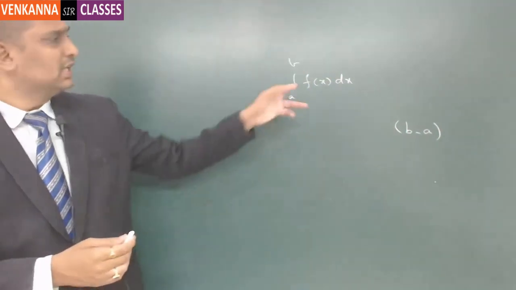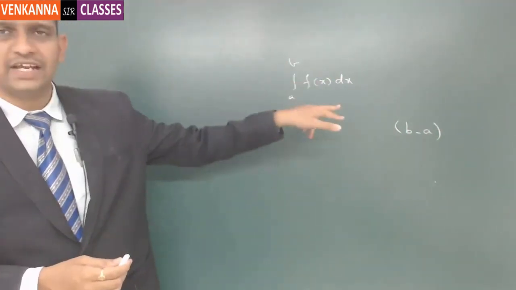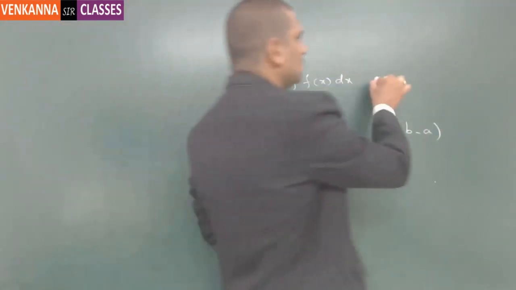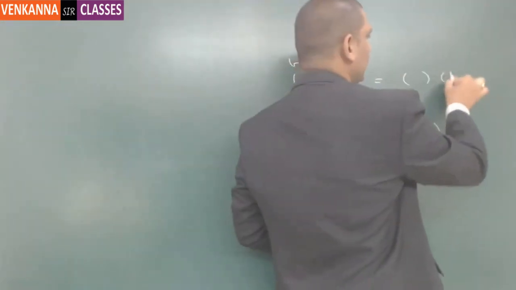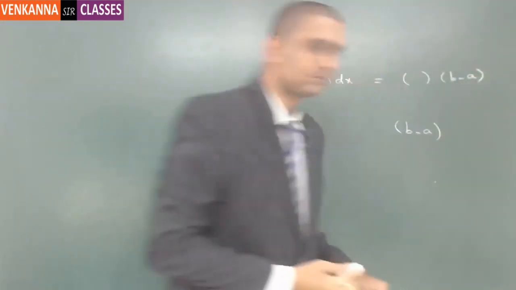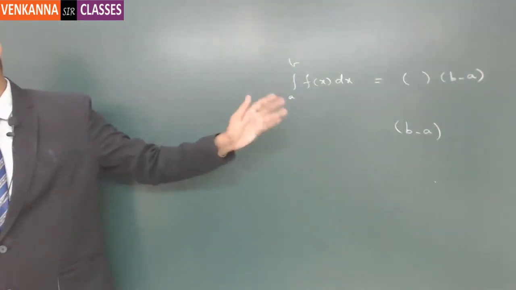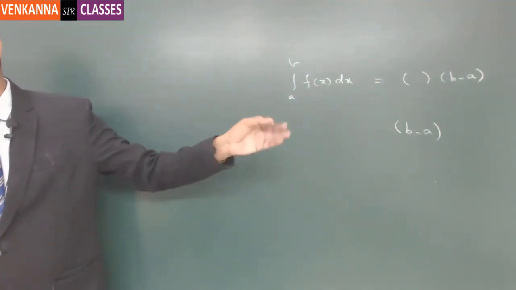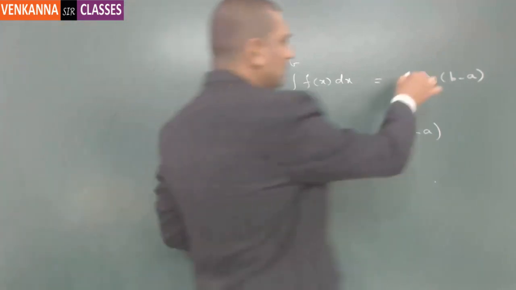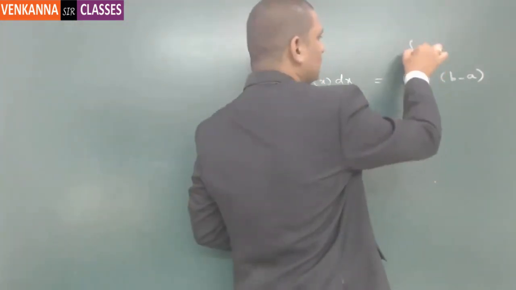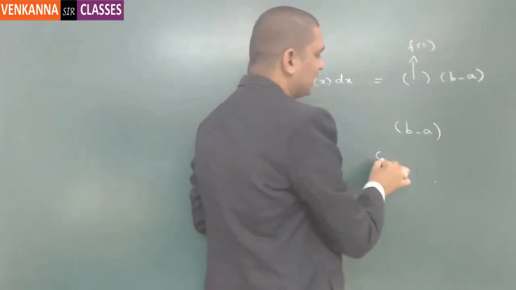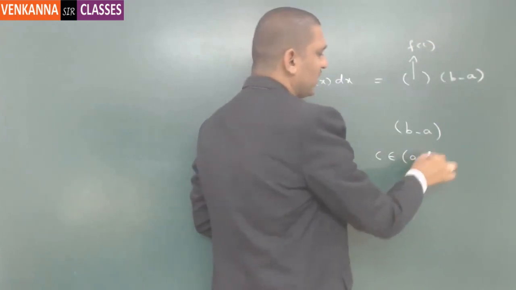In other words, the integral from a to b of f(x) dx is nothing but some value times (b minus a). It is evident from the mean value theorem, which is stated earlier, that this value is nothing but f(c), where c is a point lying between a and b.